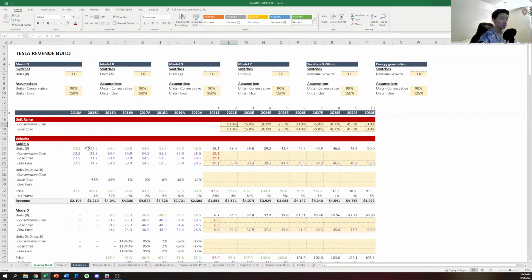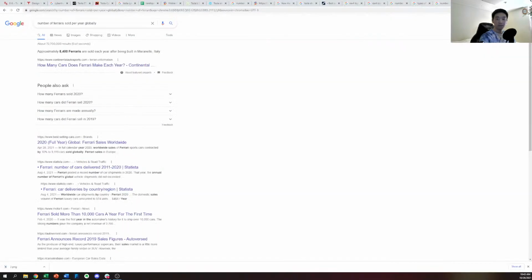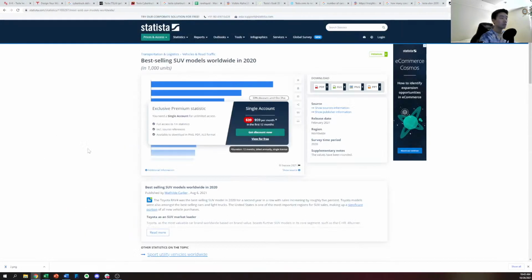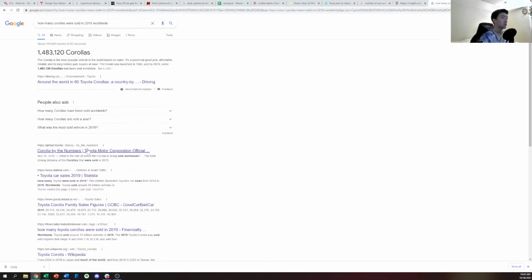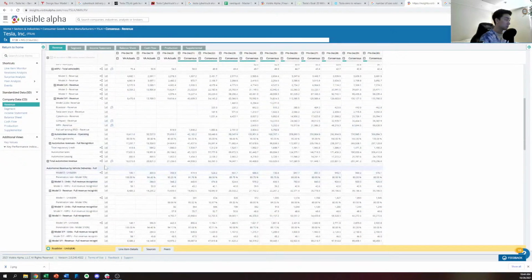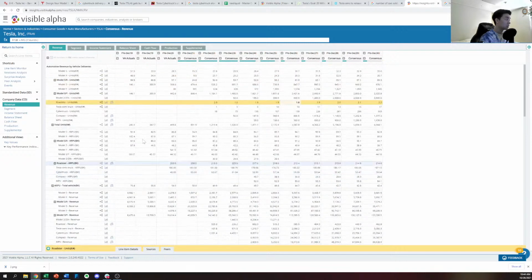And then here, like the street right now, 2030. Where's the total unit number? Street says 6 million cars by 2030, right? Which is obviously very, very low.